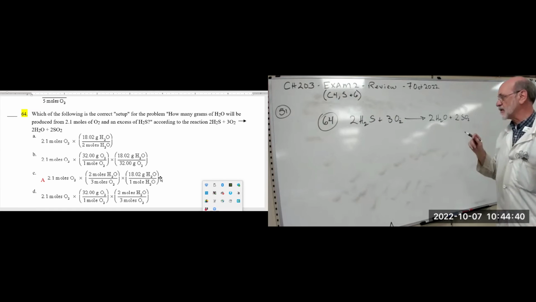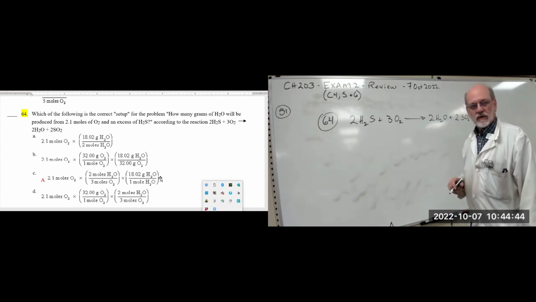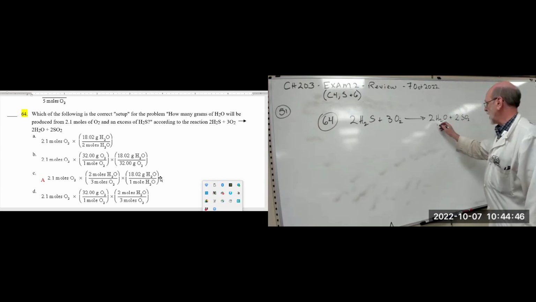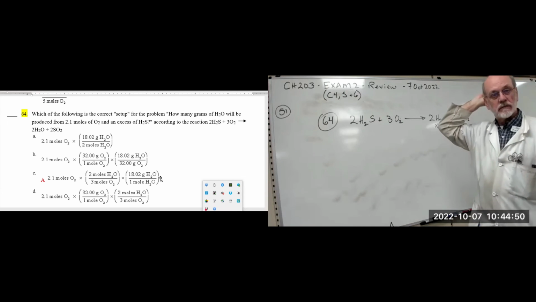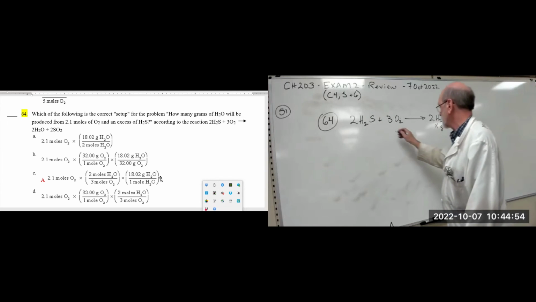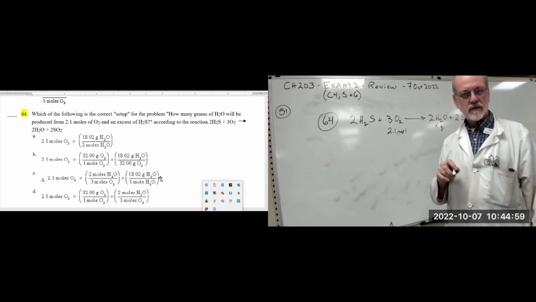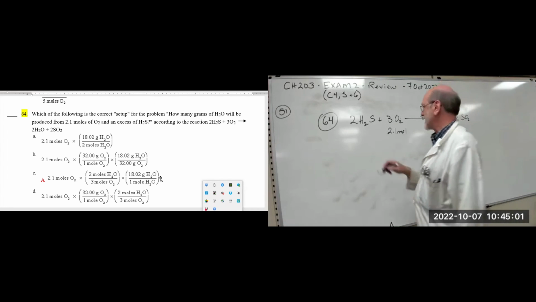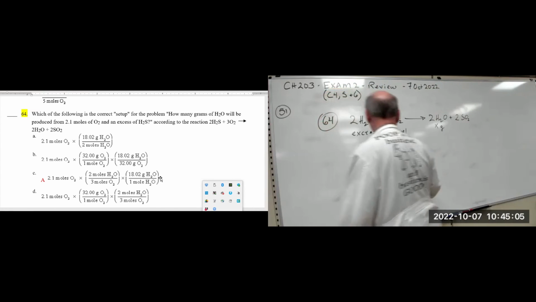Okay, there's our balanced equation. How many grams of water will be produced? So we want X grams of water. 2.1 moles of oxygen, and an excess of hydrogen sulfide. Okay.